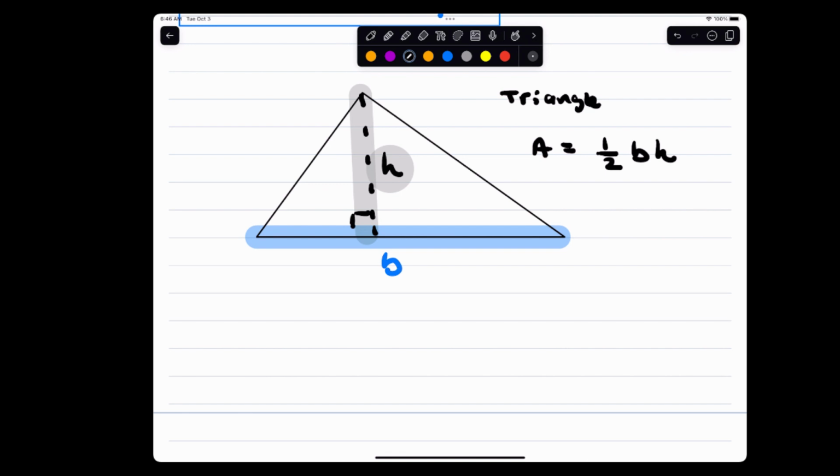No, this is not a circle. It's a triangle. Do you guys remember this?